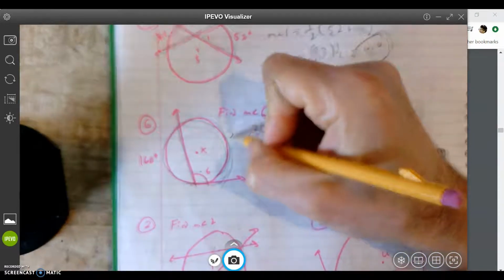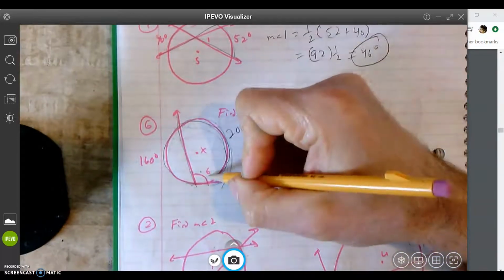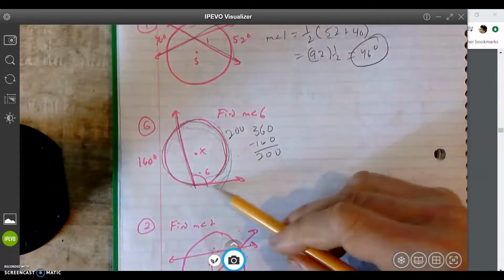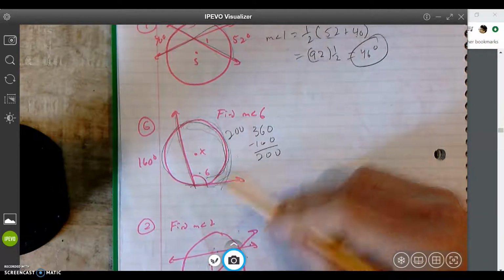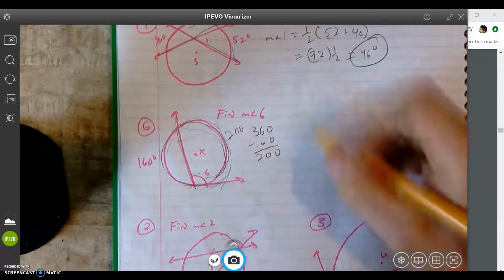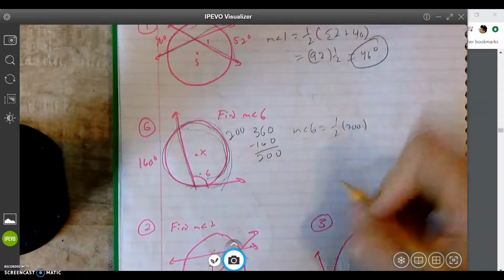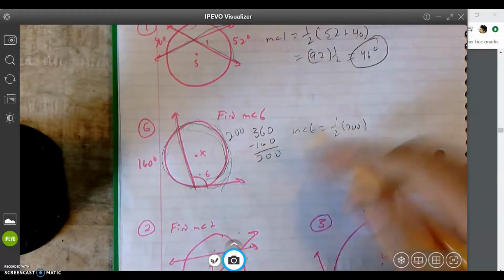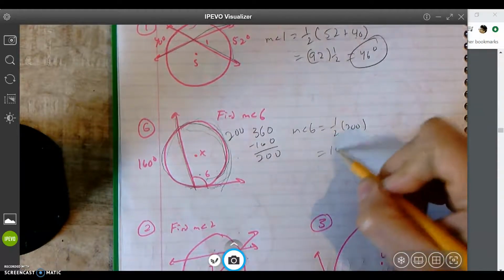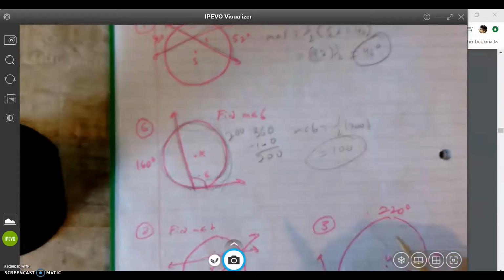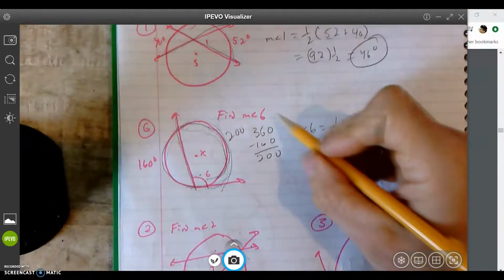So this arc is 200. Now this angle here is going to be half of that. So the measure of angle 6 is 1/2 of 200, that corresponding arc. So that's going to be 100. There you go. So the measure of angle 6 is 100.